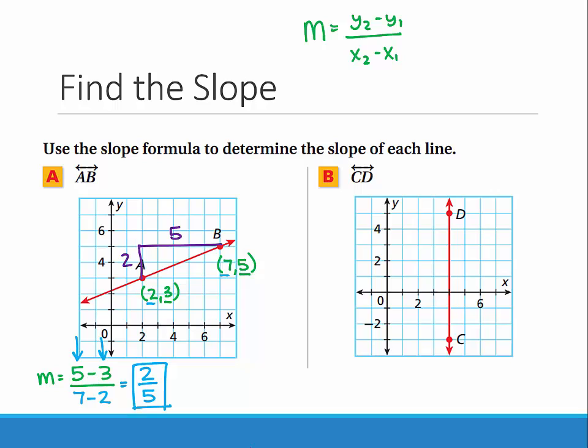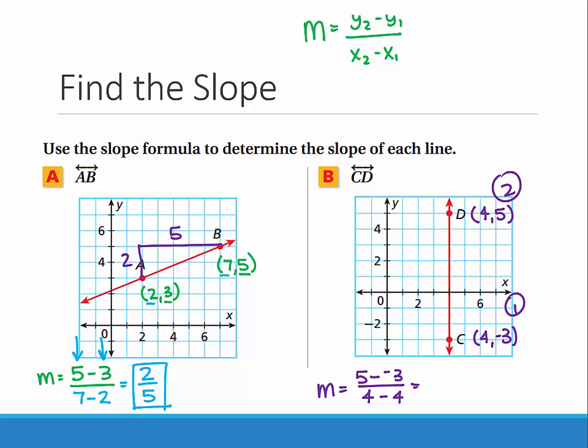Now this one's straight up and down. So find the coordinates of our points. This one's over 4, down 3, and this one's over 4, up 5. If we plug this in, let's make this our second point and this our first point. We'll do 5 minus a negative 3, and then 4 minus 4.